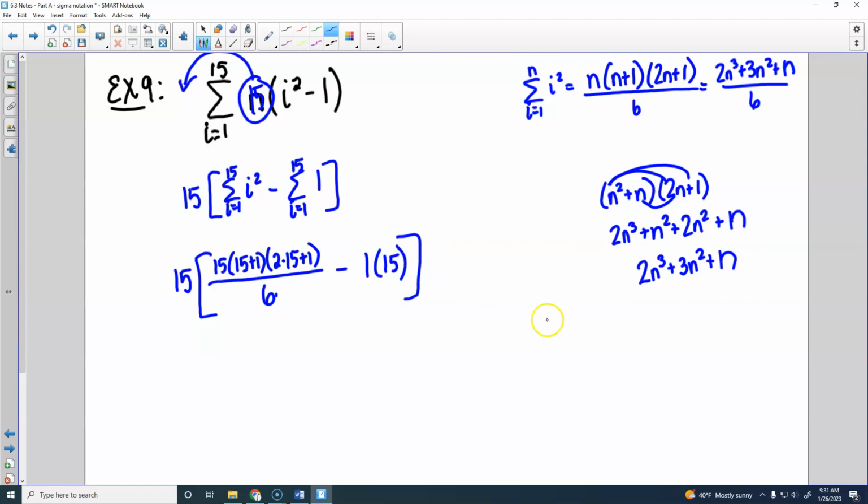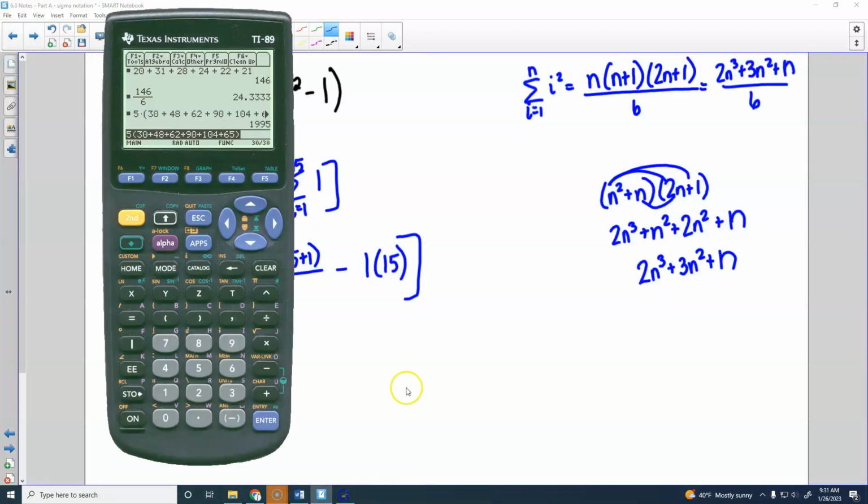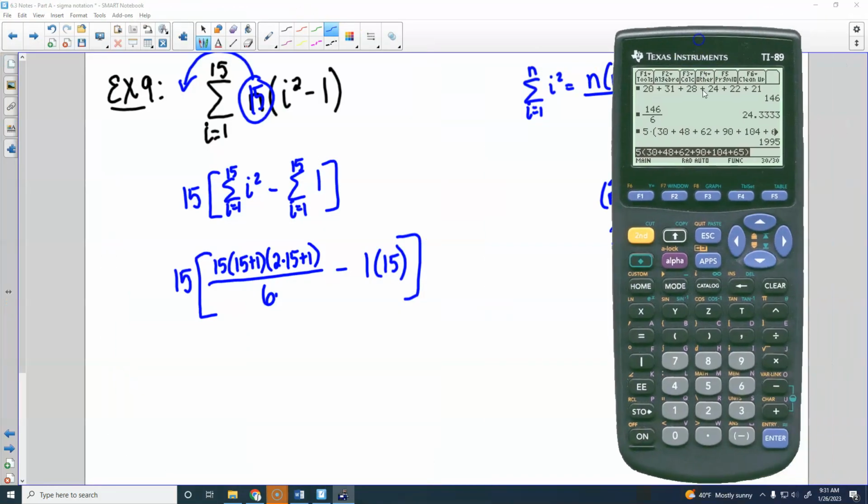And in the olden days, you wouldn't have a calculator, but since we do, we are going to use it because there's no sense in making our life so difficult.